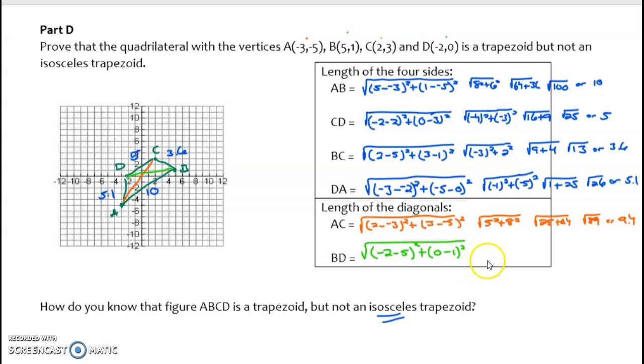Just make sure you're looking at the right coordinates. So let's crunch this. -2 minus 5 gives you -7. Plus 0 minus 1 is just -1. So -7 squared is a positive 49, plus -1 squared is just 1. So we're back up to the square root of 50, which, if I remember right, is about 7.1. It was.